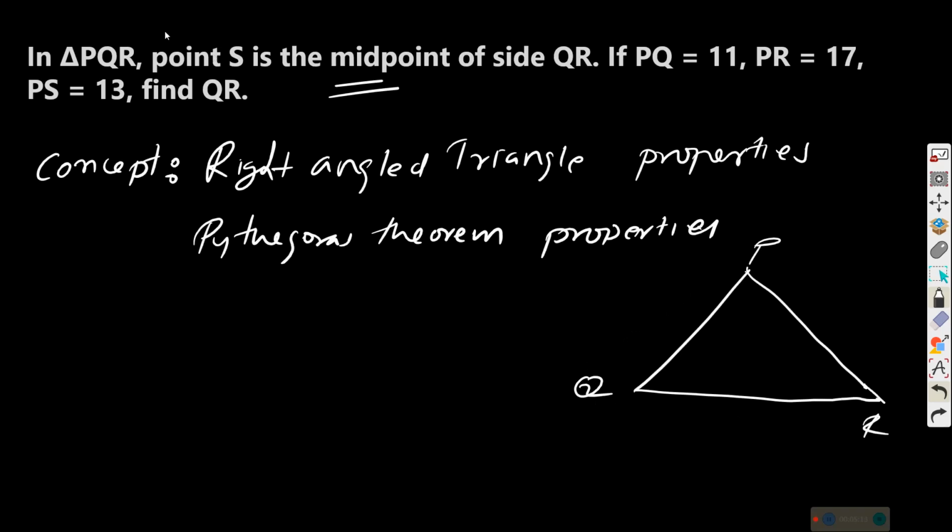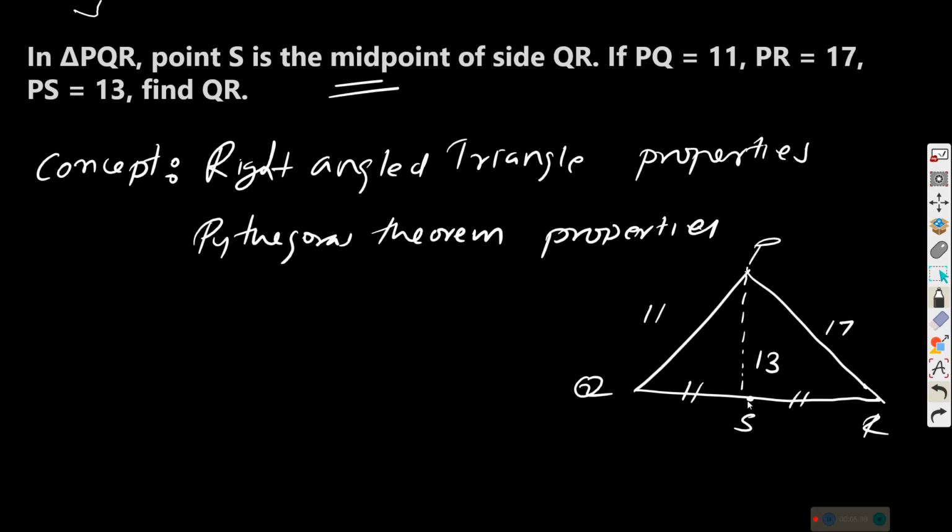Okay, and it is also given that S is the midpoint, so mark it as S. And it is also given that PQ is equal to 11, no units, PR is equal to 17, and it is also said that PS is 13. Okay, now it is simple.